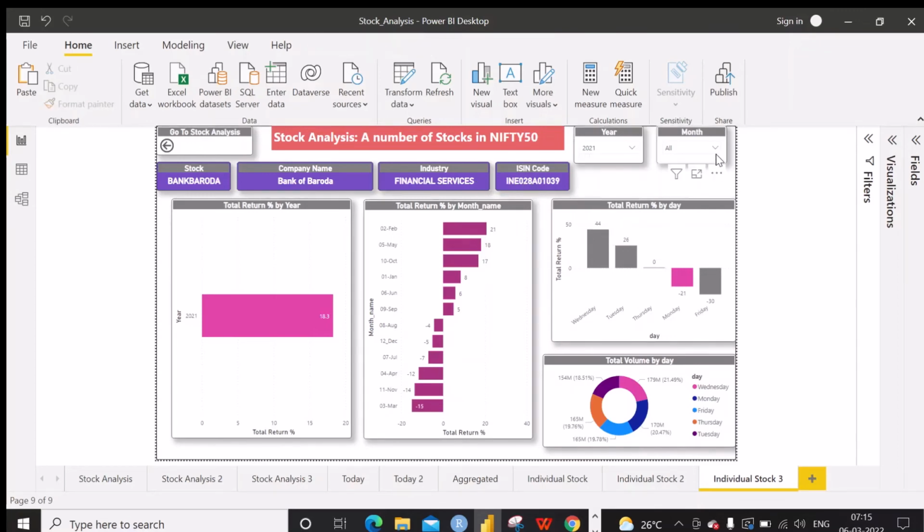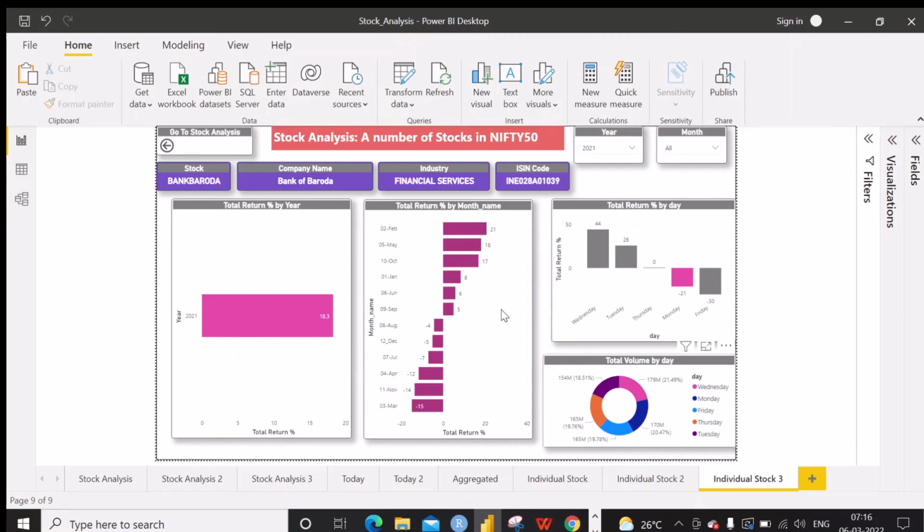And if you are interested in any particular month, you can select it in the filter. And this is the total return percentage by day for this period of time. Usually Wednesday the return is really very good, that is 44.10 in 2021, the cumulative return traded on Wednesday, and this is for the volume transactions.